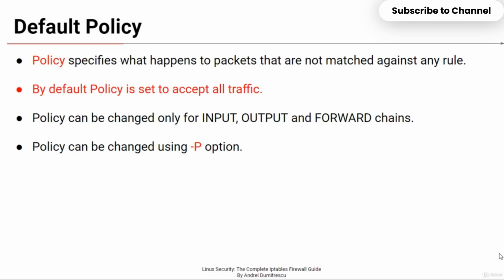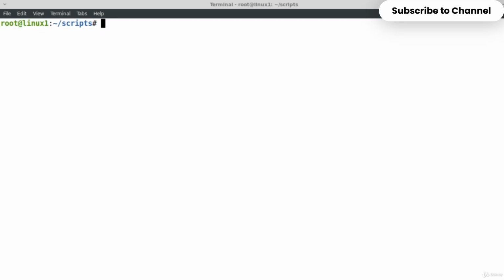By default, policy is set to accept any packet that hasn't been dropped by any rule. Policy can be changed for chains that are in the filter table, and they are input, output, and forward. We cannot change the policy for prerouting or postrouting chains. Let's take a look at some examples.